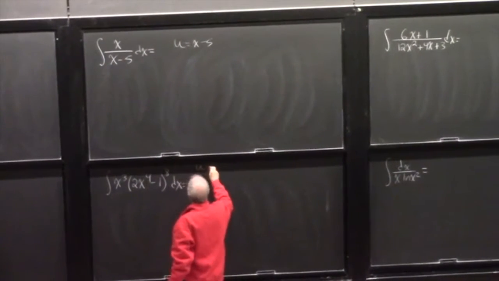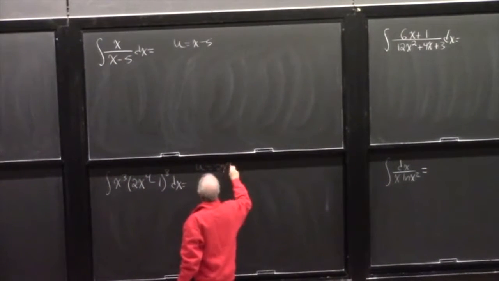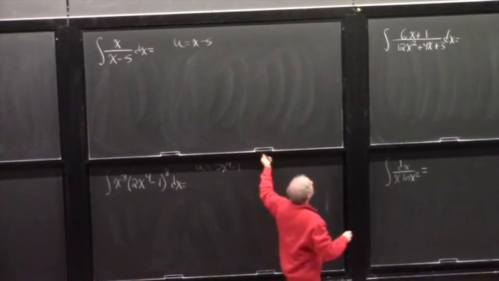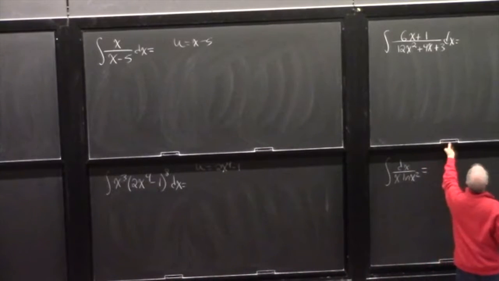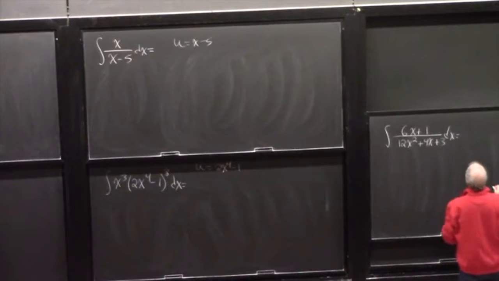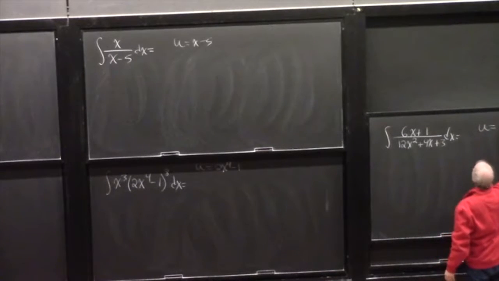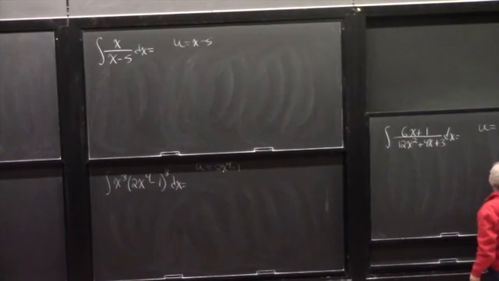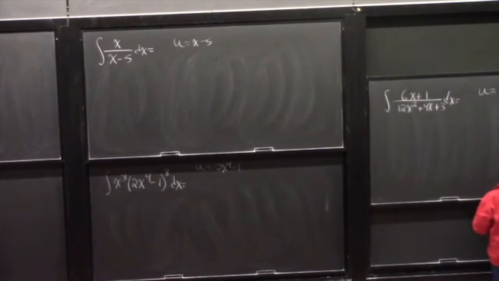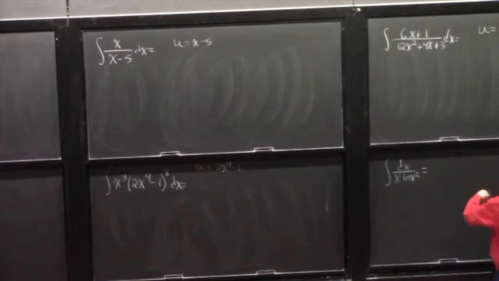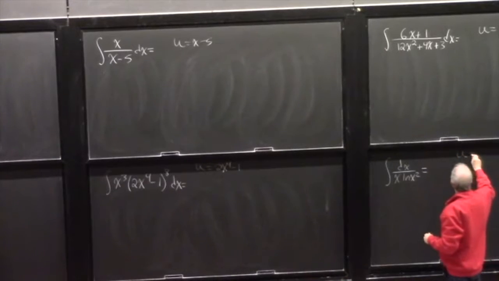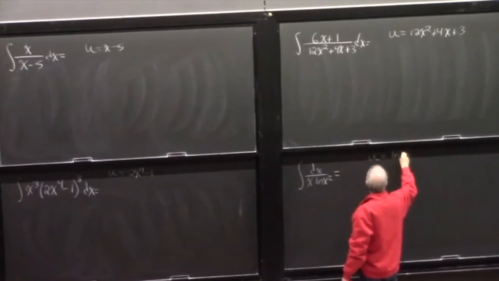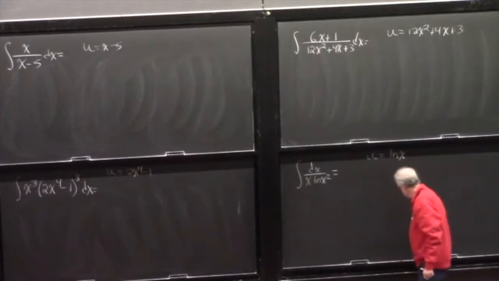Here you're going to want u to equal 2x to the 4th minus 1. You're going to want u to equal 12x squared plus 4x plus 3. And here you're going to want u to equal log x.